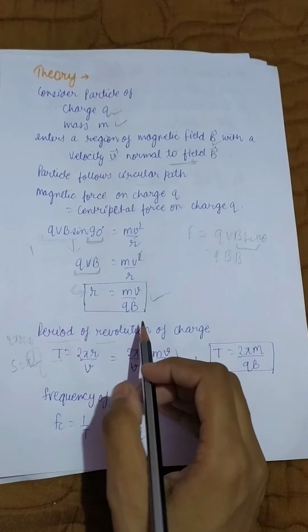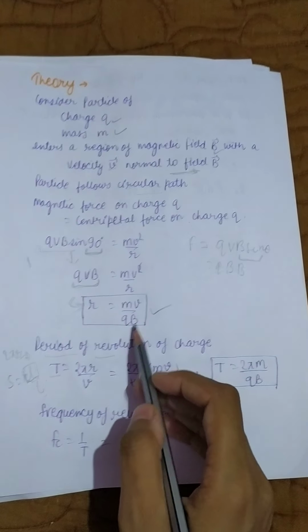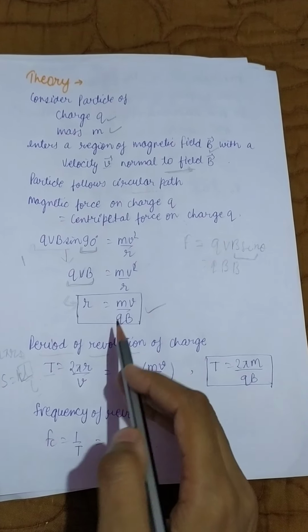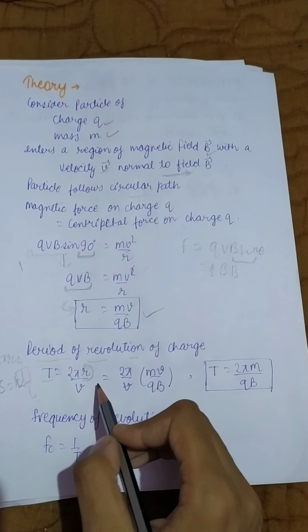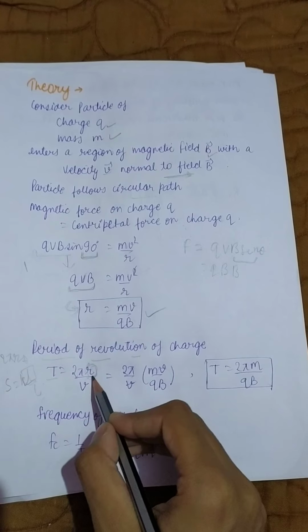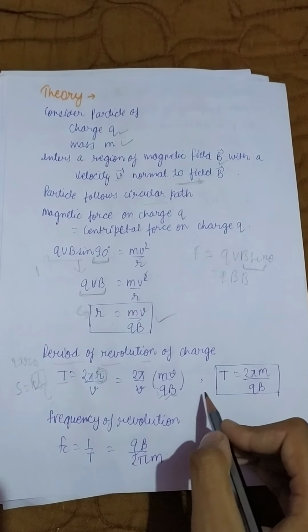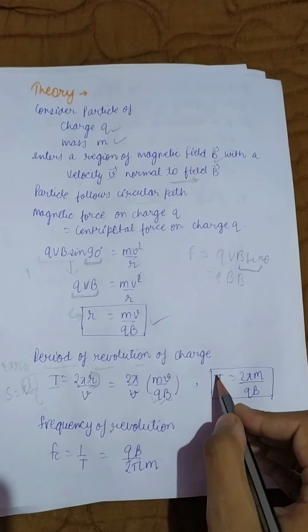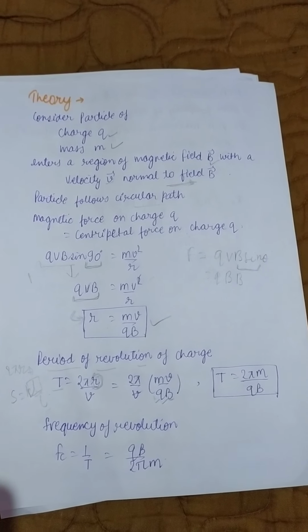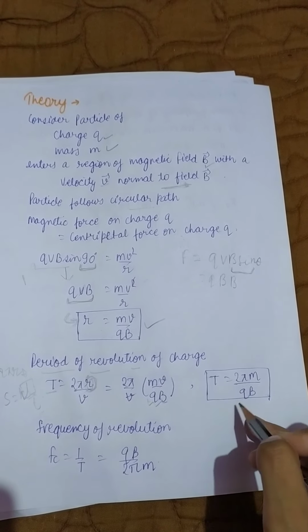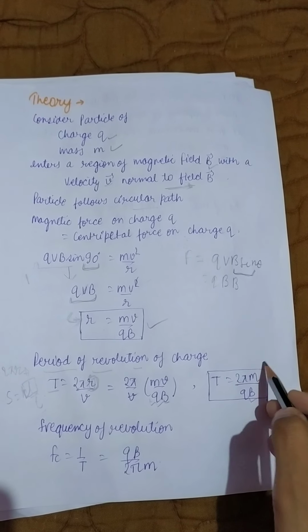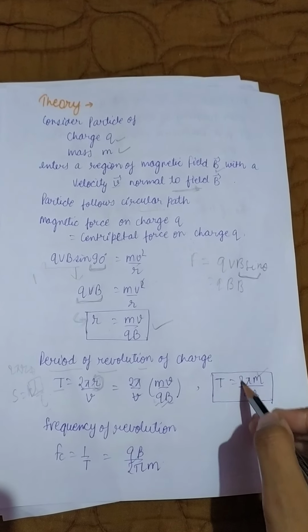We already know the expression for radius, so we put this value of radius in the period of revolution. After putting the value of r, we get the time period as 2 pi m divided by qB, where q is the charge, B is the magnetic field, and m is the mass.